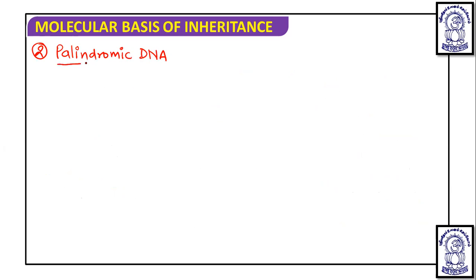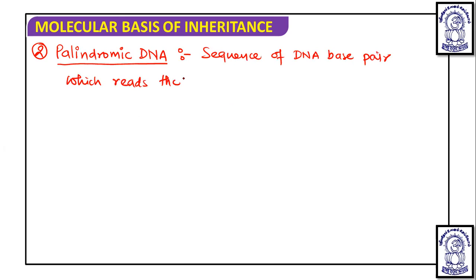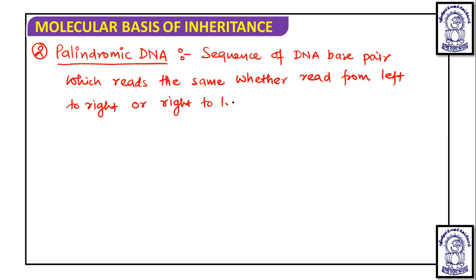Palindromic DNA is a sequence of DNA base pairs which reads the same whether read from left to right or right to left.